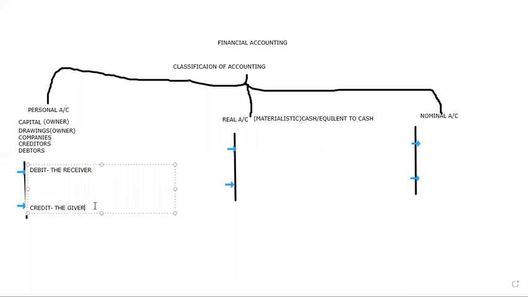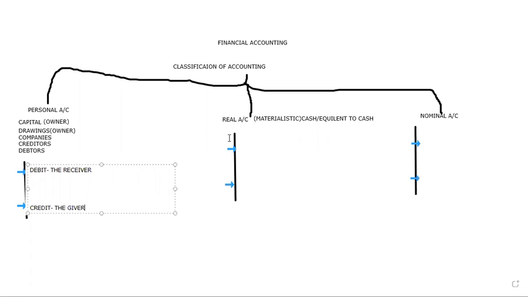Debit the receiver, credit the giver. Debit, as I said, will always increase my value, so the receiver will be on the topmost side. And credit means he is somewhere sacrificing, so the sacrificer will be on the credit side. So we are going to write it as the giver.